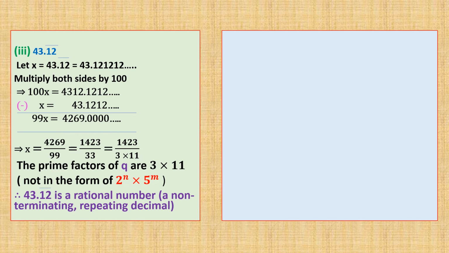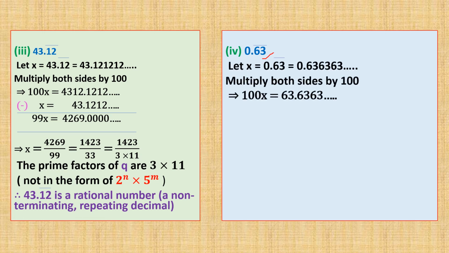Similarly, the next question is 0.63 bar. Here also the same thing: the bar is for 2 digits. So take 100x by multiplying both sides, and subtract x from this 100x.